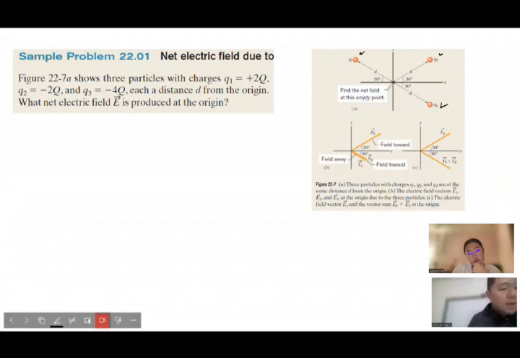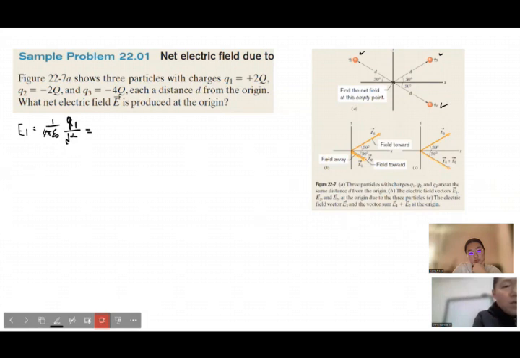All right. Basically, you can start with the electric field out of Q1. So that is E1, which is 1 over 4 pi epsilon naught times Q1 over d squared. The straight distance from Q1 to the origin is d.